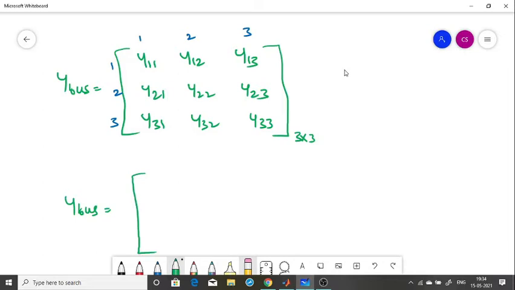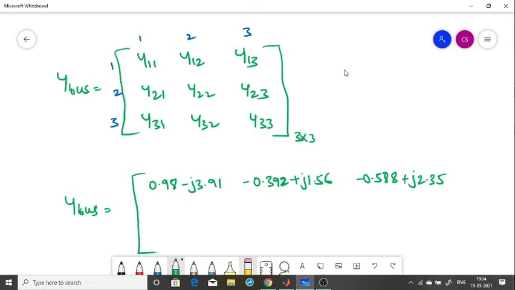So what is capital Y11? Capital Y11 is 0.98 minus j3.91. Next, capital Y12 is minus 0.392 plus j1.56. Capital Y13 is minus 0.588 plus j2.35.